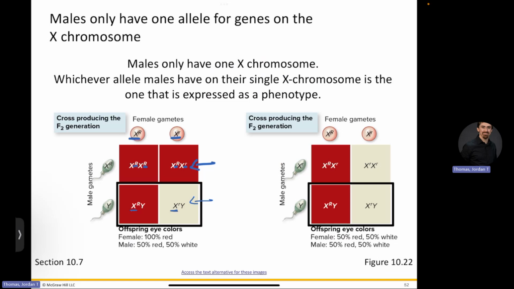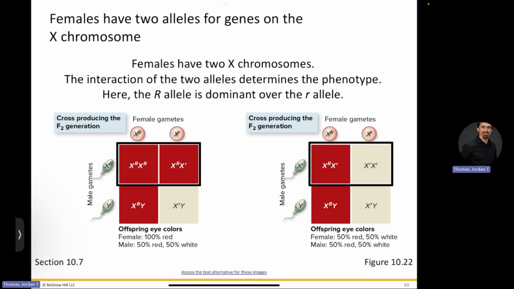So females get two X's. For an X-linked gene, they get two variations of the gene. But in males, for an X-linked gene, they only have one X chromosome, so they only get one allele for that gene. Females have two alleles for the genes of the X chromosome, and the interaction of the two alleles determines the phenotype. Here, big R is dominant over little r.